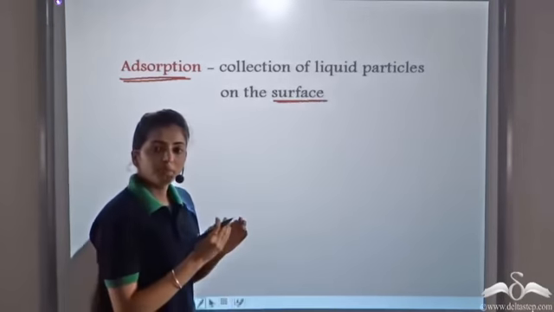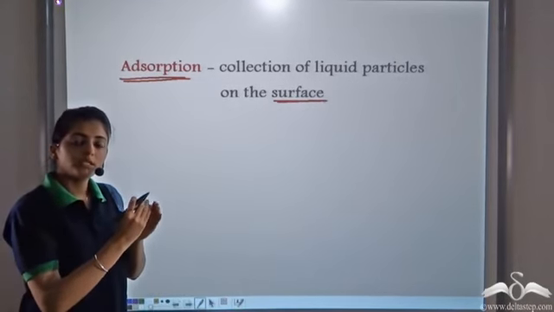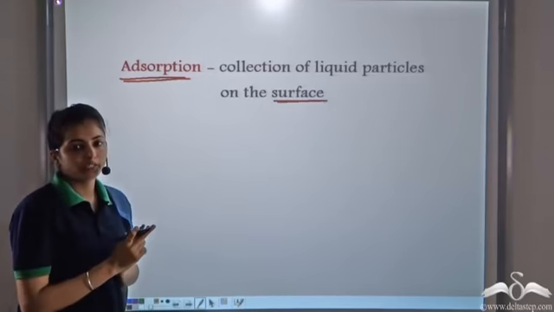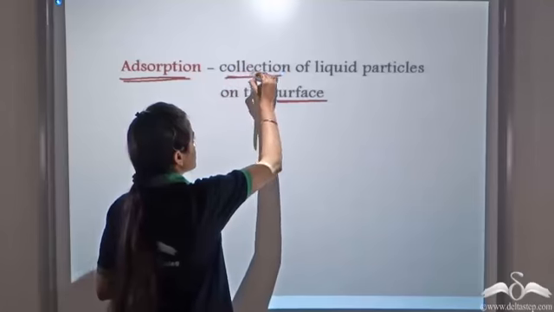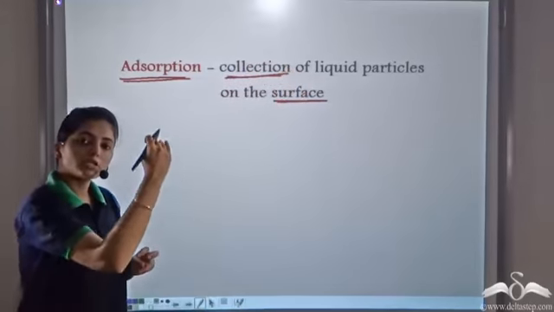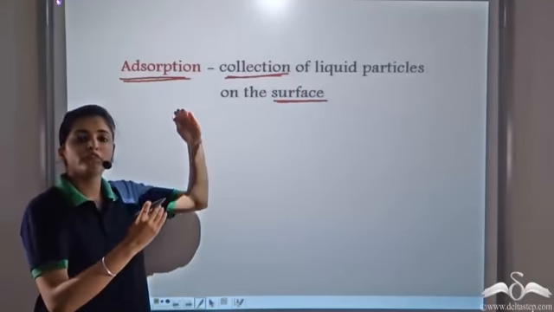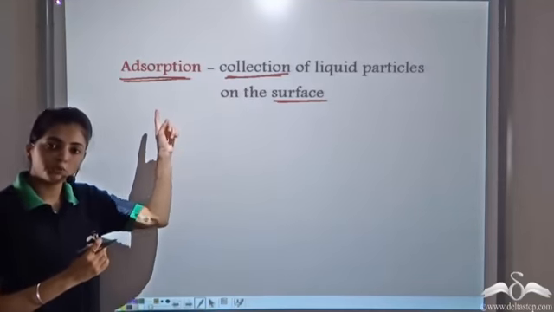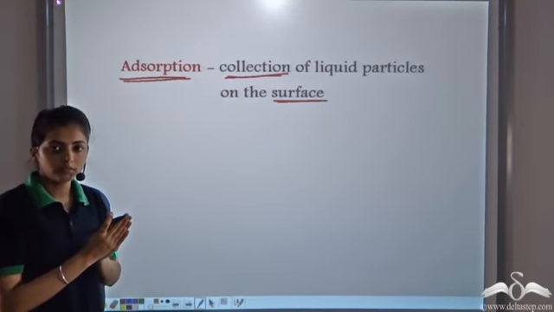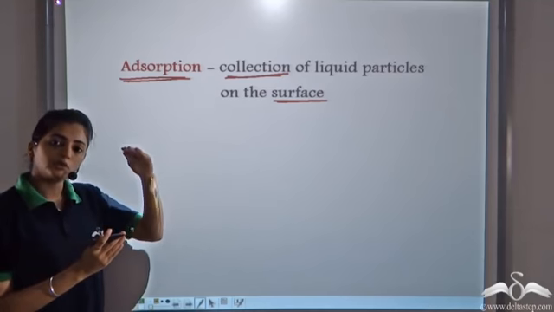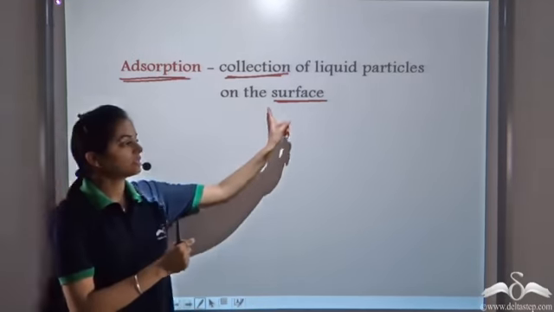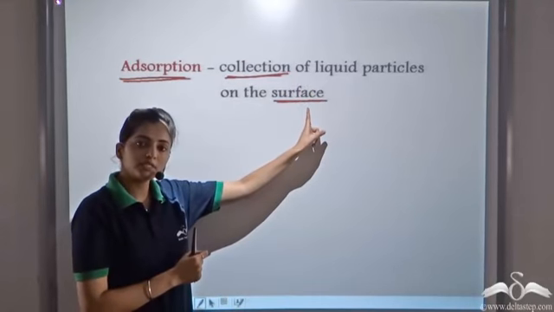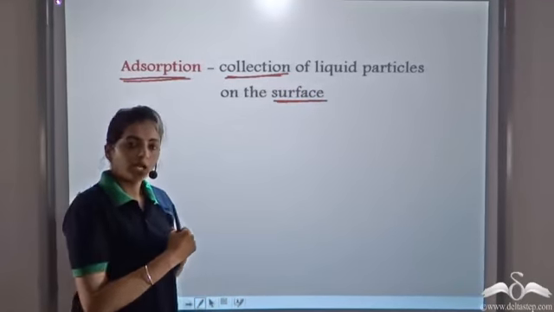It means the ink components occupy the surface of the filter paper. So as they collect on the surface of the filter paper, they attain different heights. So adsorption is a surface phenomenon. As the different colored components take different heights on the filter paper, that is, they are adsorbed on the surface, they separate out.